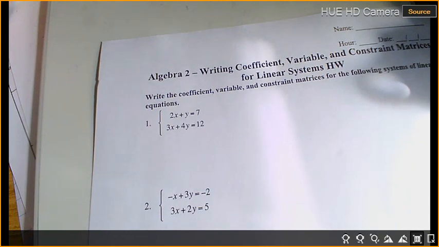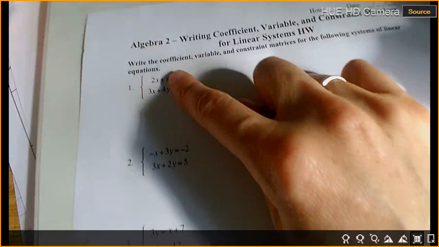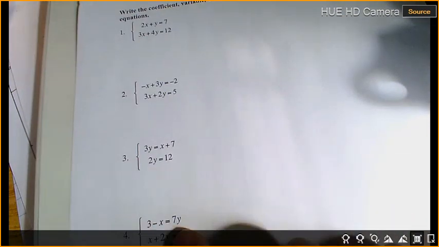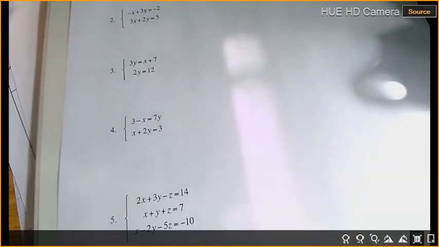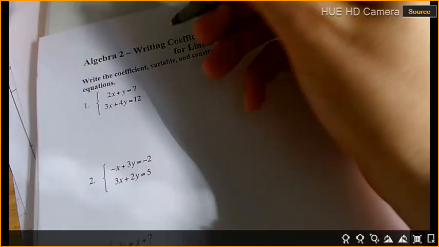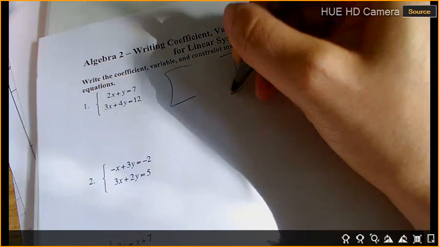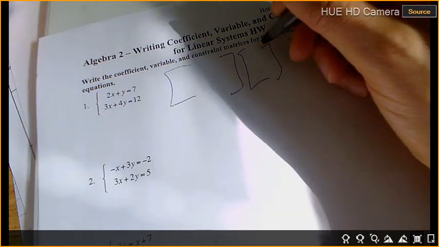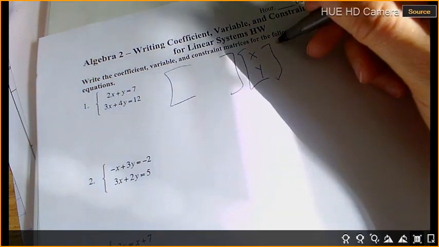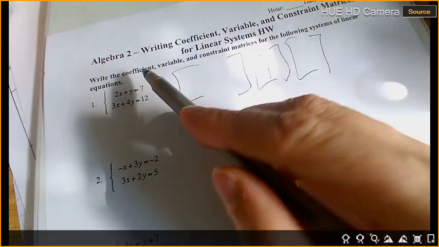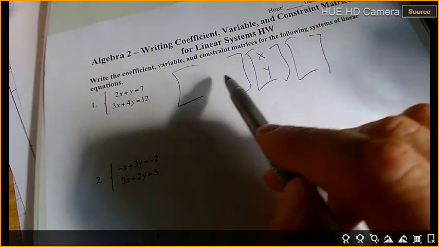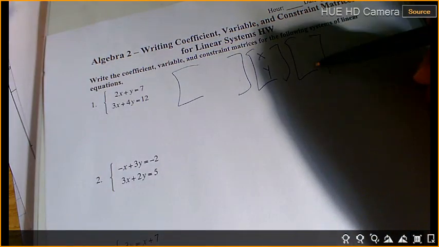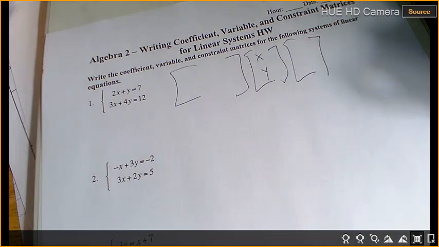Okay, so you've got 4 equations where you just have 2 variables and 1 where you have 3. Remember, you're doing that whole matrix thing where you have x and y. Remember, for here, you're going to have the x and the y, then the x and the y, then the answers right here. That's the whole homework.